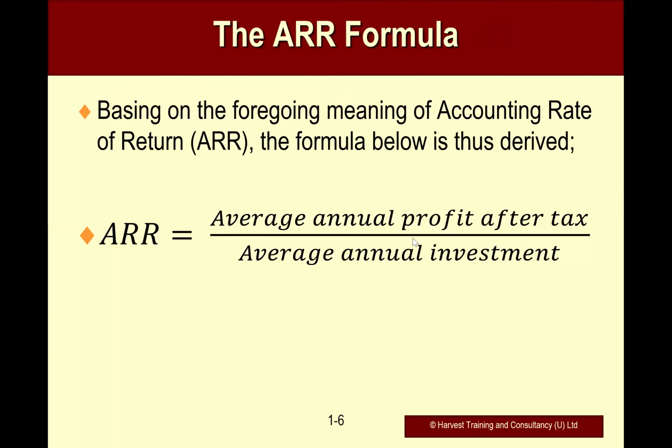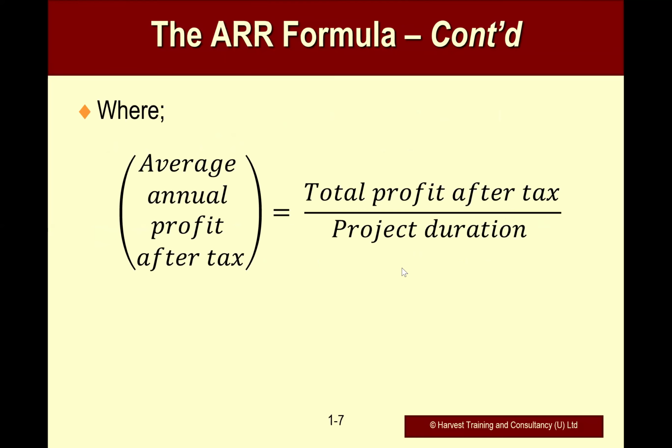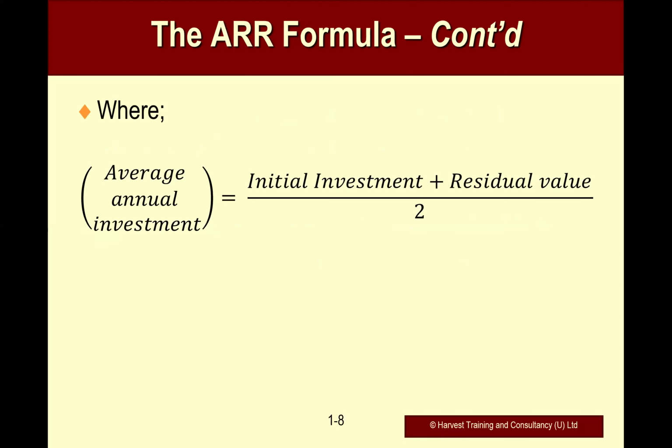This formula, we are going to find it ahead. It's also on the slide I'm going to share with you. Now, when it comes to the average annual profit after tax, we get the total profit after tax divided by the project duration. Then for the average annual investment, it has a unique formula, because when you say average, you divide by the number.